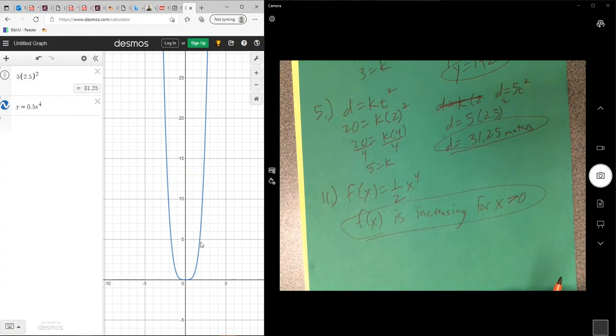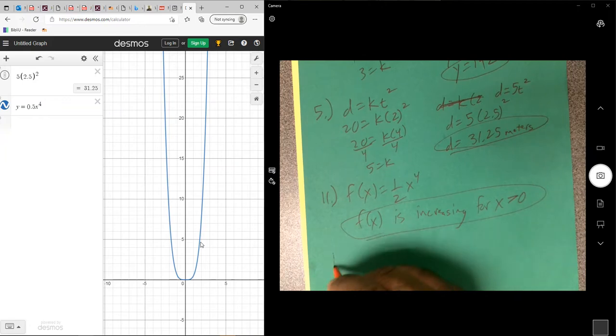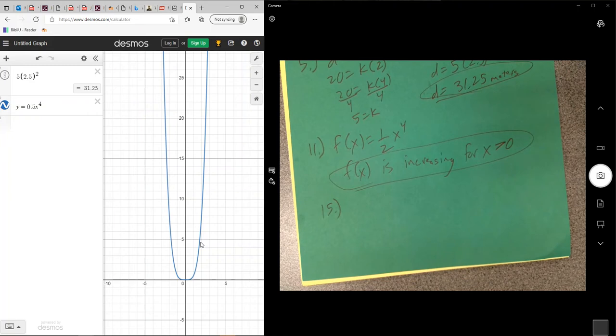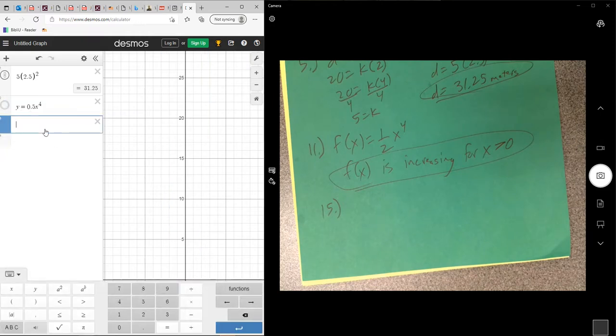Now, I believe we can go to problem 15, and this will be the last problem in section 4.8. It says, how are the graphs of y equals negative 2x cubed and y equals 2x cubed plus 1 different? How are the graphs similar? Okay, so first thing, I want to turn this graph off. And let's type in these equations here.